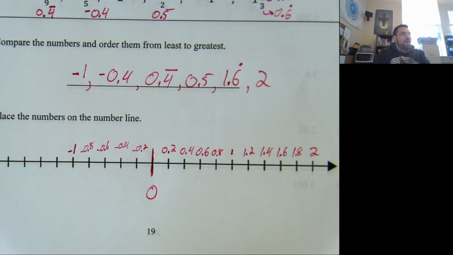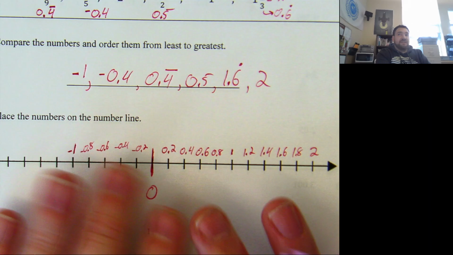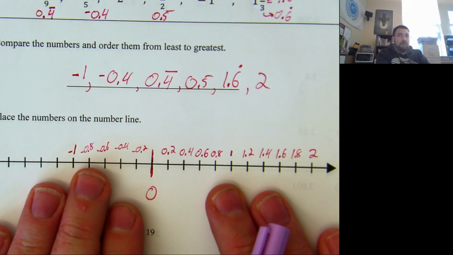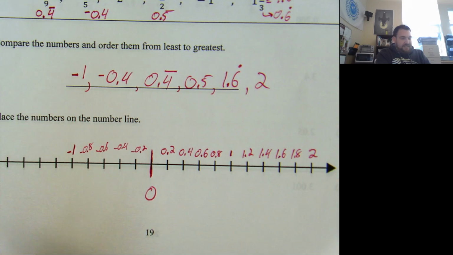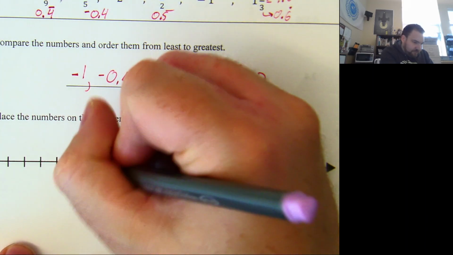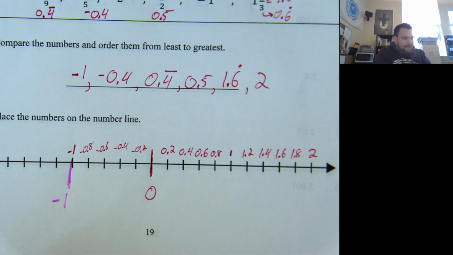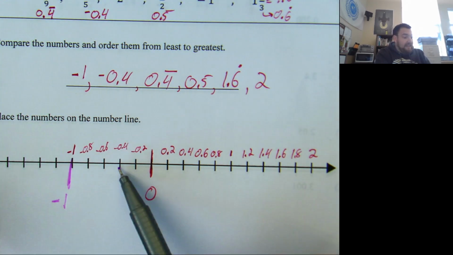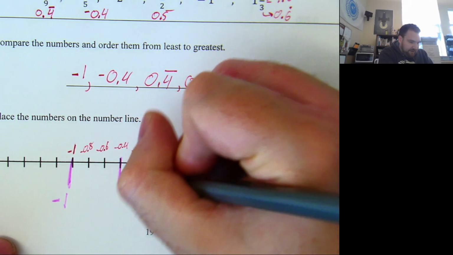That was really the one thing I wanted to make sure that we had discussed before we just launched into you guys putting them on the number line yourself, the discussion about scale. So now let's toss these things on there. -1 is right here. -0.4 is nicely labeled for us too. It's right there.